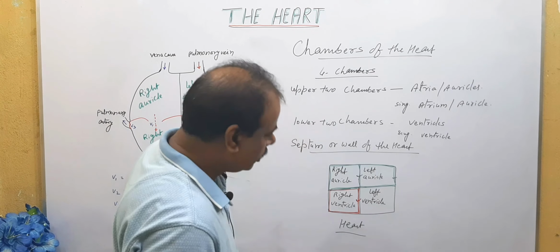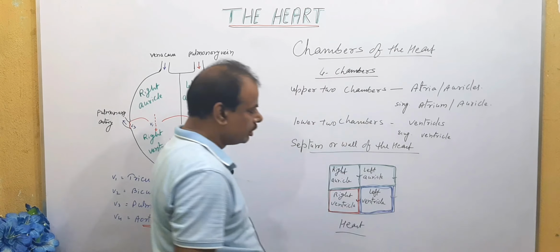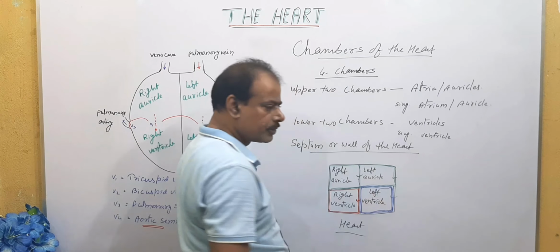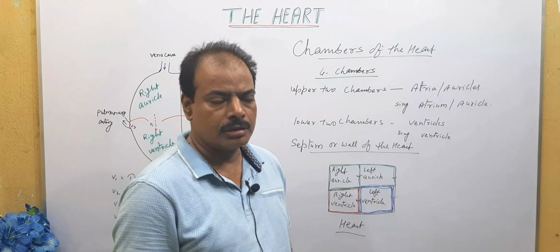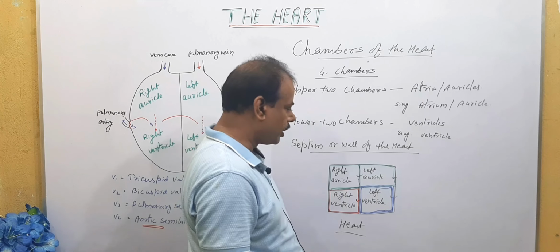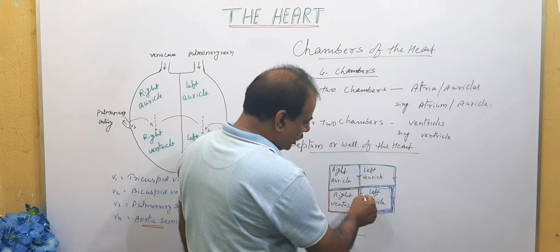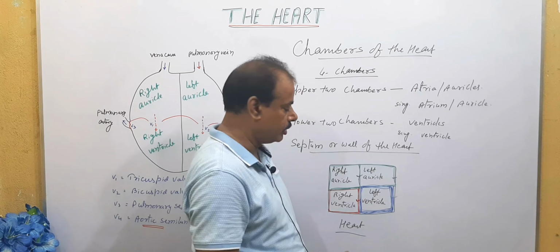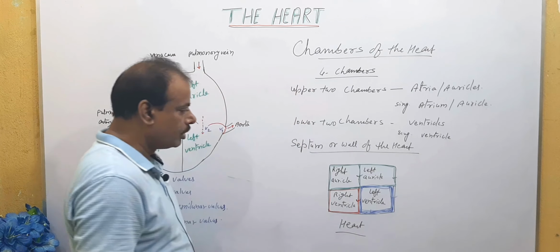But in the case of the left ventricle, the wall is the thickest. It is because the left ventricle pumps oxygenated blood into the aorta, and from the aorta the oxygenated blood is carried to different parts of the body. So it needs powerful force to pump the blood into the aorta. That's why it has the thickest wall.